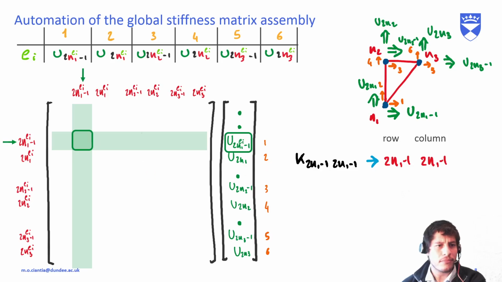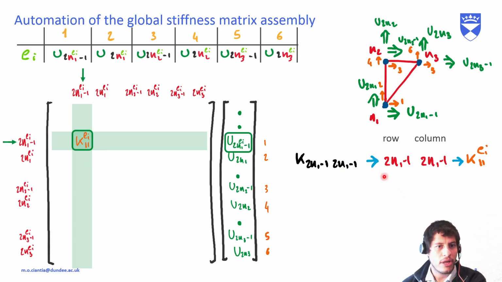Okay? So we are going to enter a term here. And what term are we going to add? Well, we have a note here on the right. You remember that this global degree of freedom was corresponding to the local 1. So what's going to be here? Exactly. K of the element 1,1, sorry, of element I.